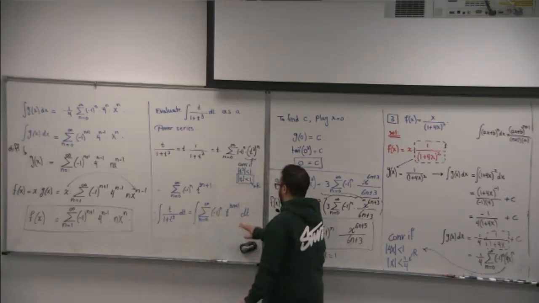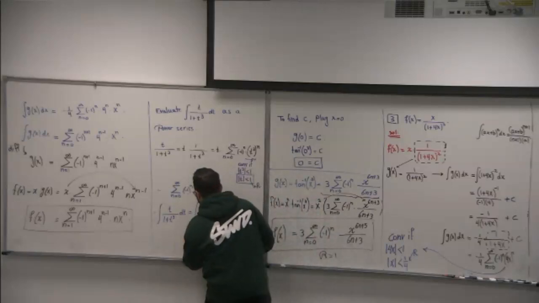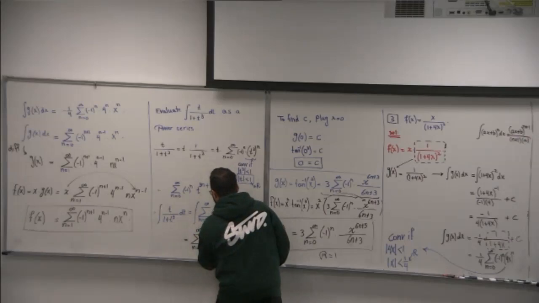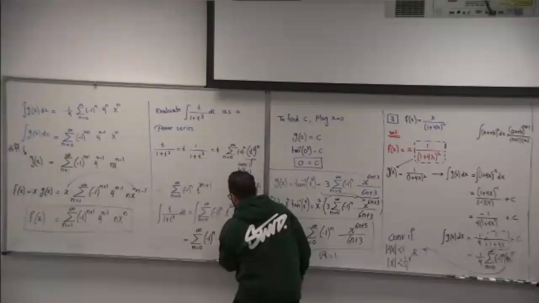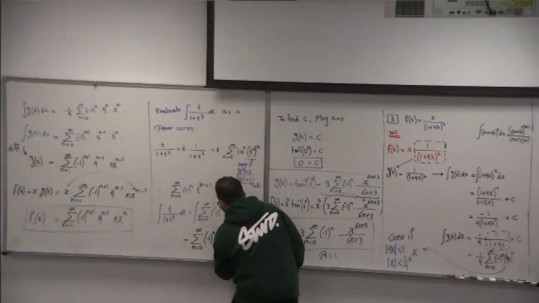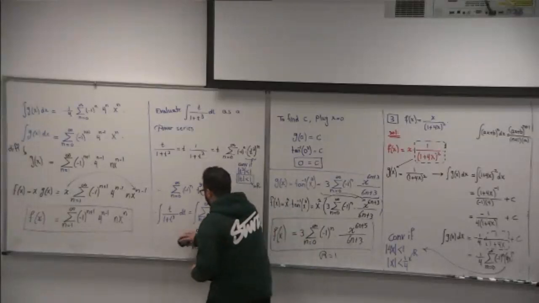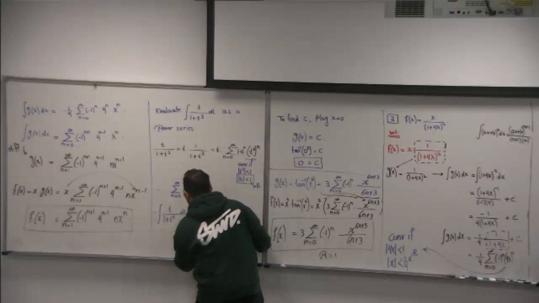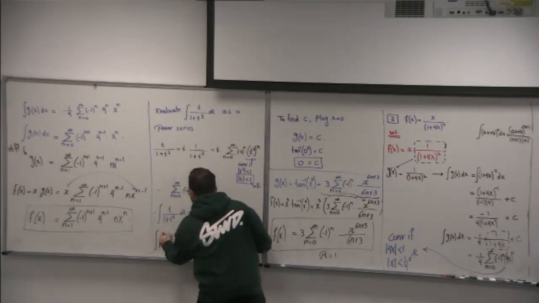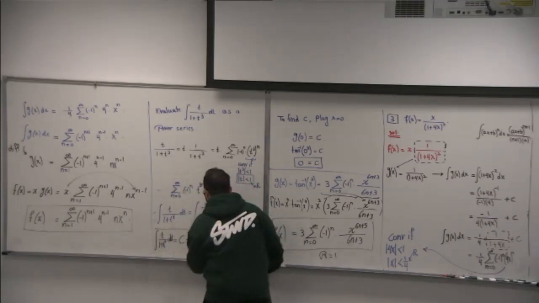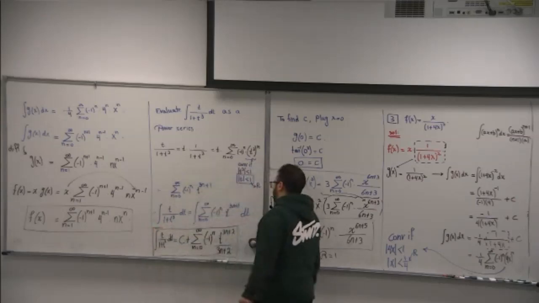How do you integrate this? You add 1, you divide by the new power. That's it. Don't forget, since we integrated, we have to put plus c. Since this is indefinite integration, I will just keep the c as is, and that's it.